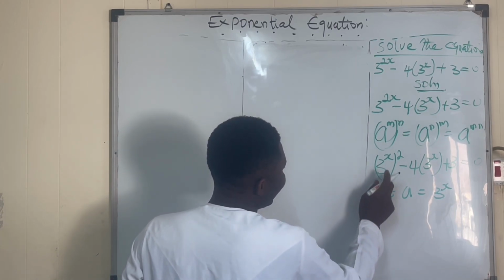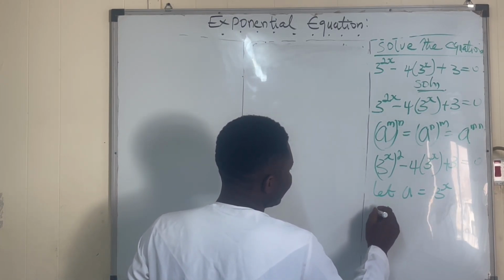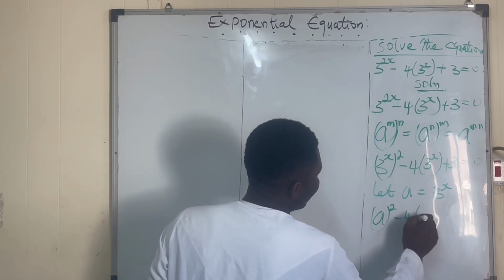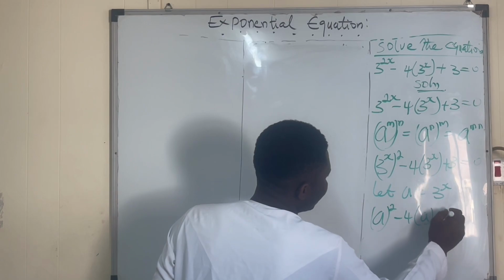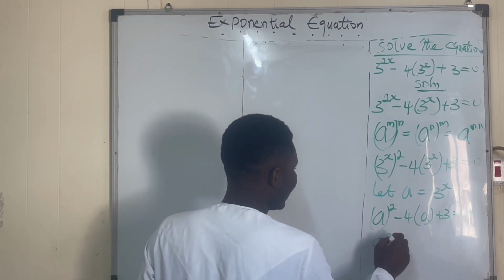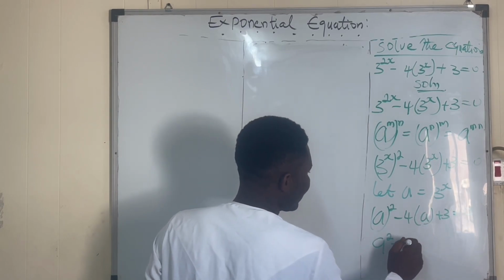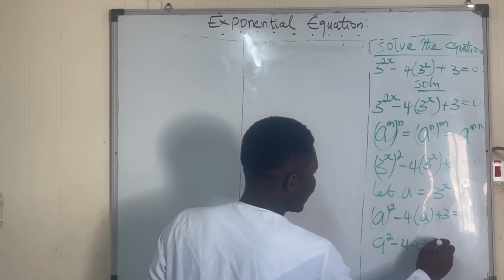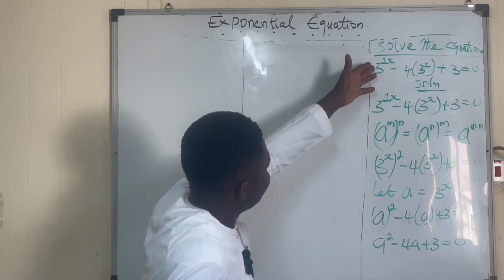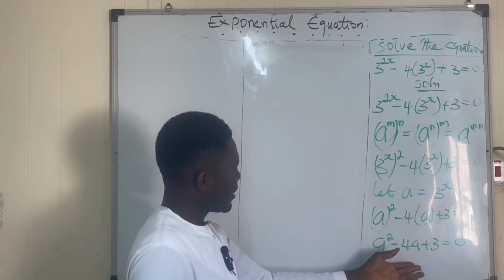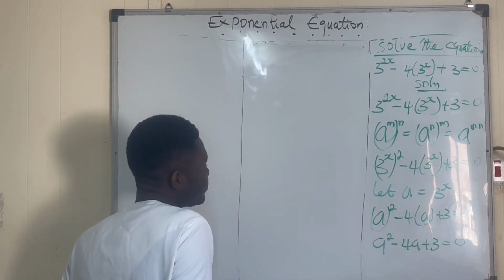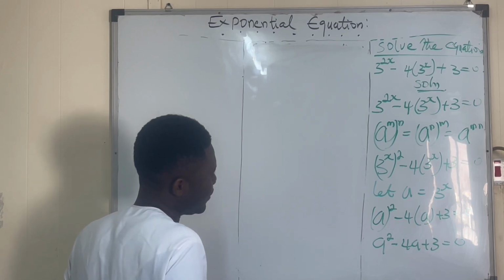Coming down here, it will be a raised to the power of 2 minus 4 bracket a plus 3 equals 0. So a squared minus 4a plus 3 equals 0. You can see that we have converted this question to a quadratic equation.